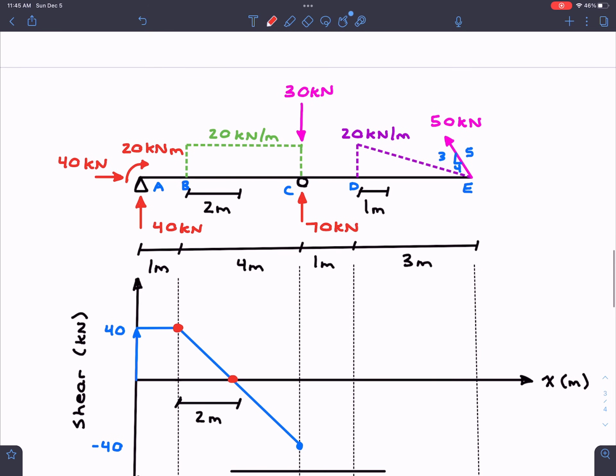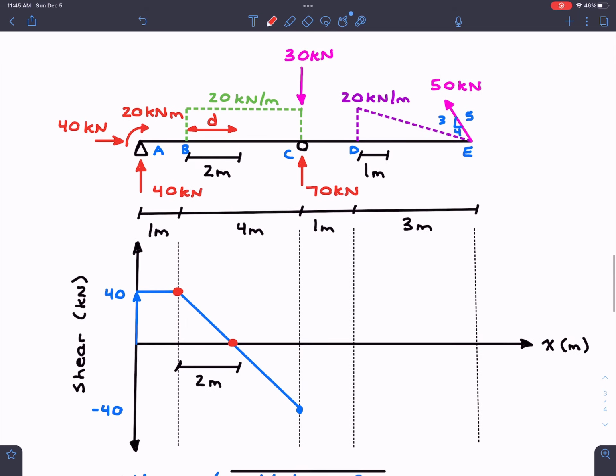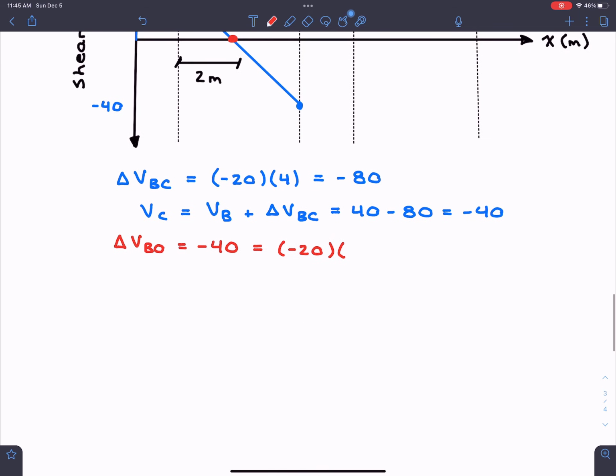I'm basically trying to find this distance right here, this distance D, where this area would give me negative 40. So this distance is just D, we don't know. And as we can solve for D, we find that D is actually equal to 2 meters. So that's how you'd figure it out if you didn't already know, but I'm sure that a lot of you guys already know how to do that.